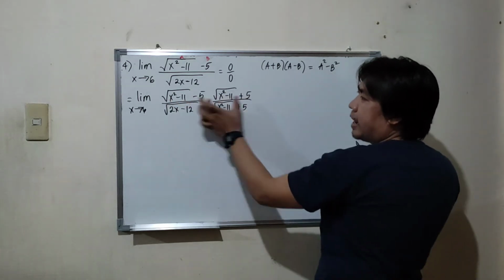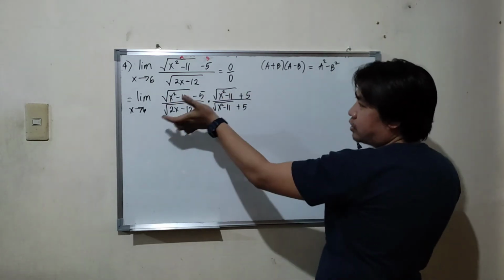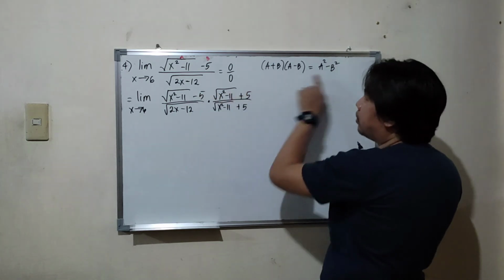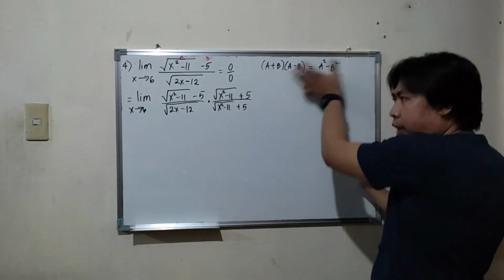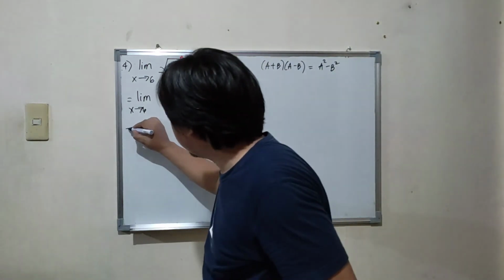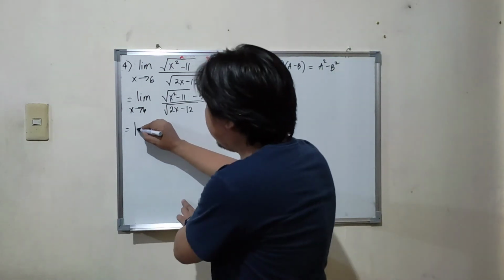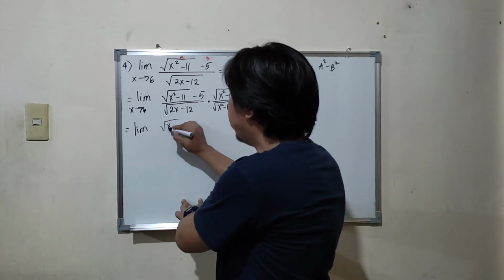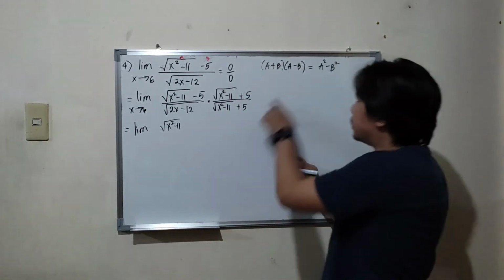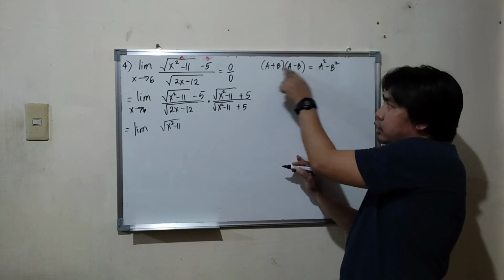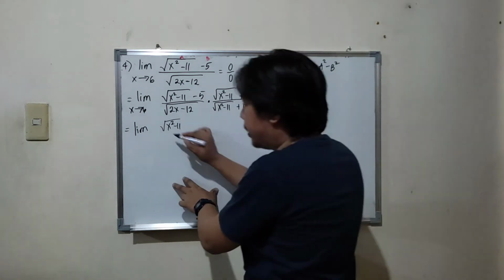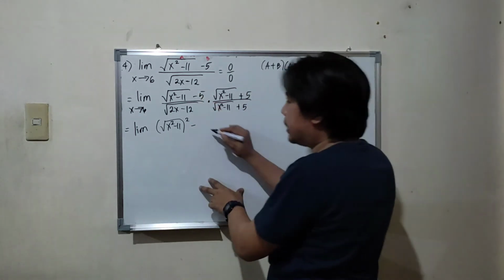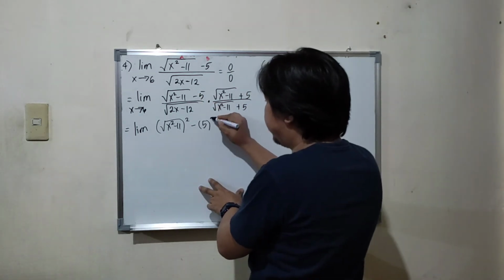Multiplying same terms with different signs, plus and minus, this is now equal to the limit of the first term, the square root of x squared minus 11, squared, minus the second term, 5 squared.